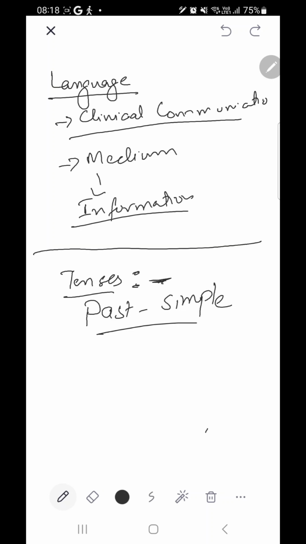Let's say starting from the introduction, we can use the past simple tense in the introduction. Depends upon the introduction, but you can use either past simple or else present simple in the introduction part, right?